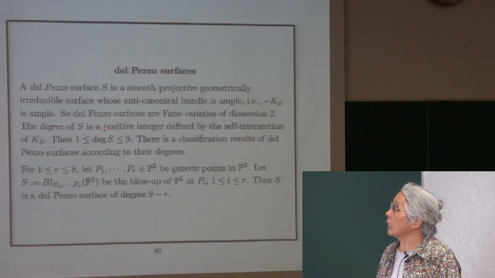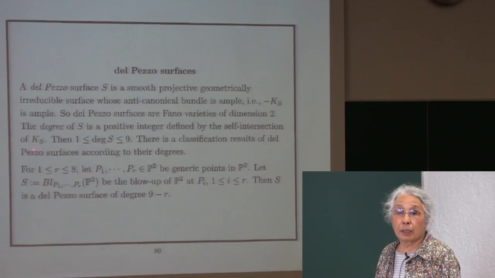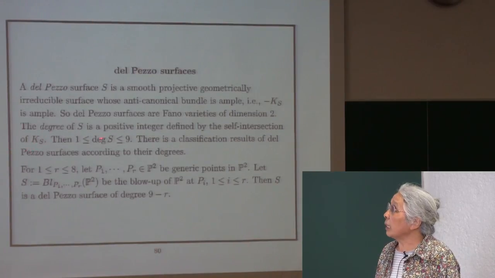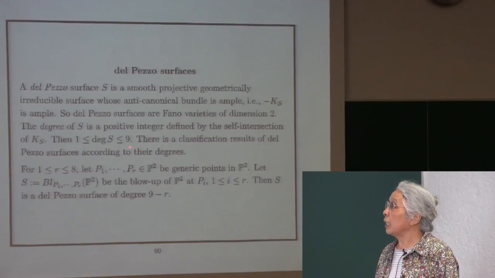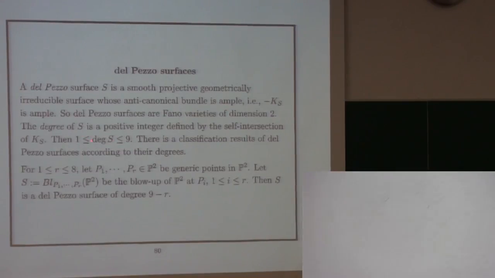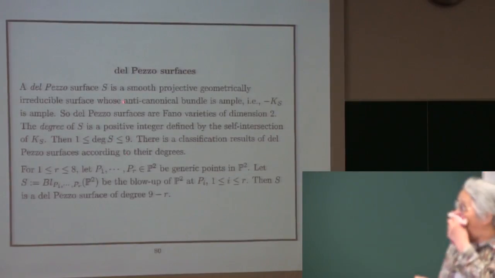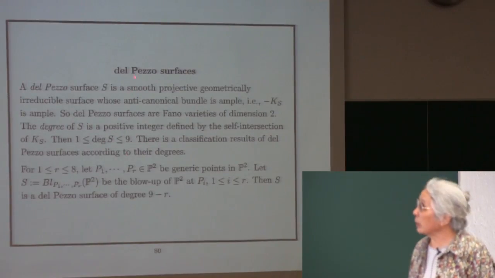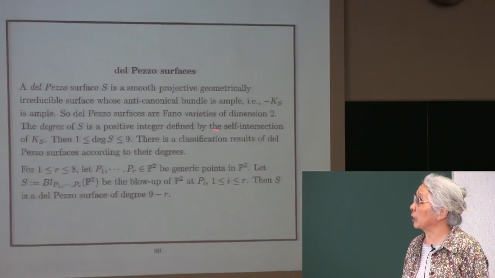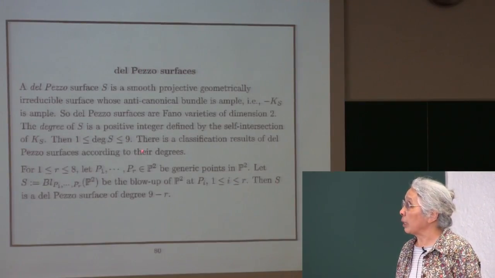The degree is the self-intersection of the canonical bundle, and the degree can take any integer between 1 and 9, including 1 and 9. So there is a classification theorem for del Pezzo surfaces depending on degree.